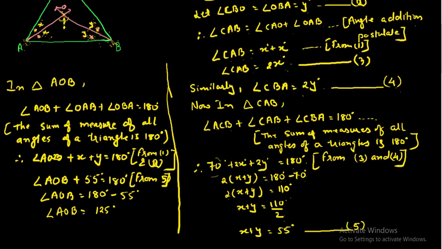So we will get the value of x plus y. Here we took the common factor, so dividing both sides by 2, we can write dividing both sides by 2, and also subtracting both sides by 70.